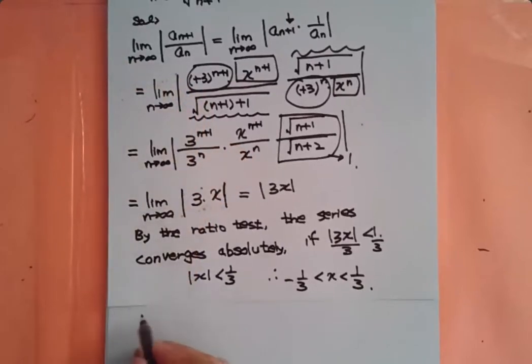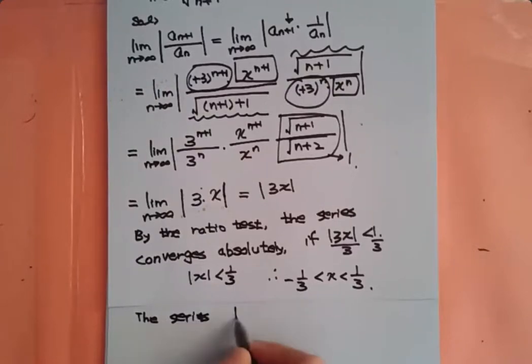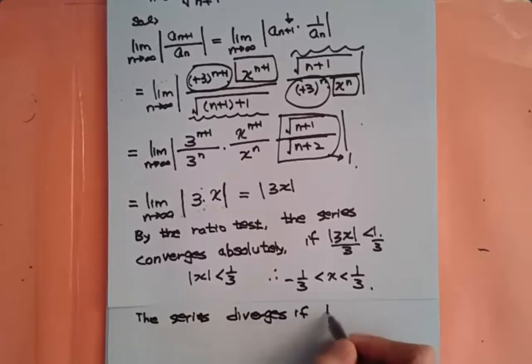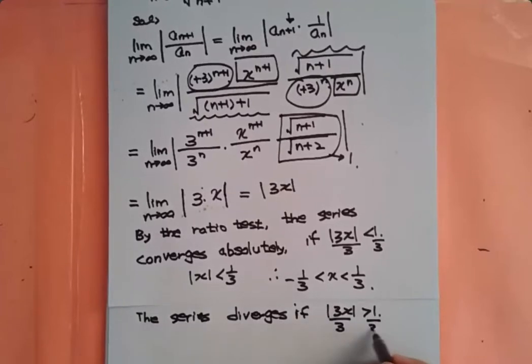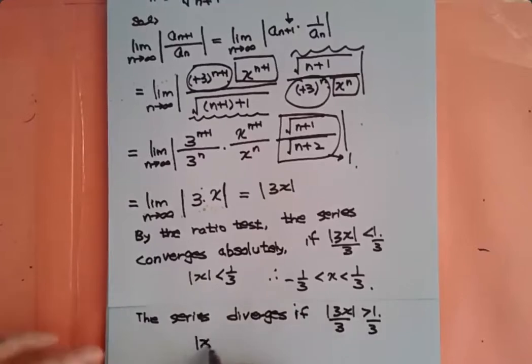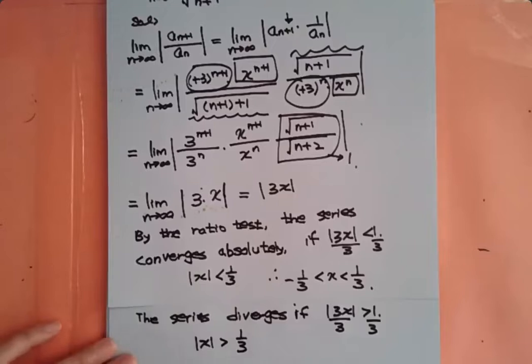And we can say the series diverges if the absolute value of 3x is greater than 1. So if we divide by 3 on both sides, then we get the absolute value of x is greater than 1 over 3. From college algebra, you learned this means x is greater than 1 over 3, or x is less than negative 1 over 3.